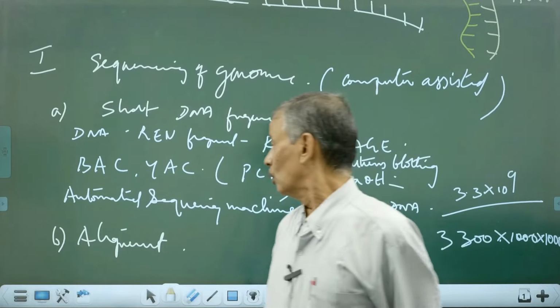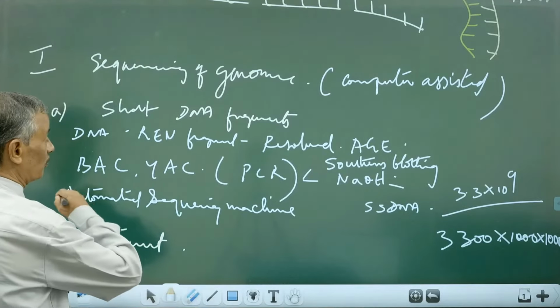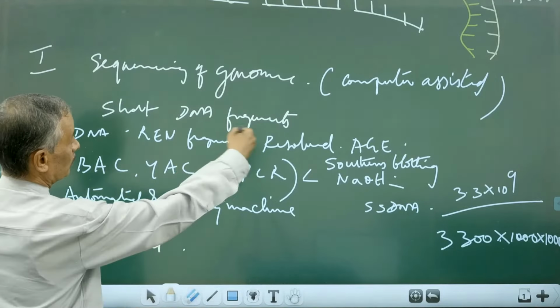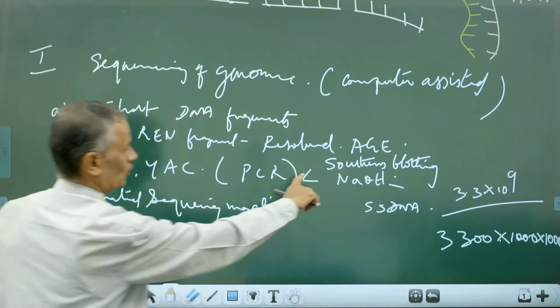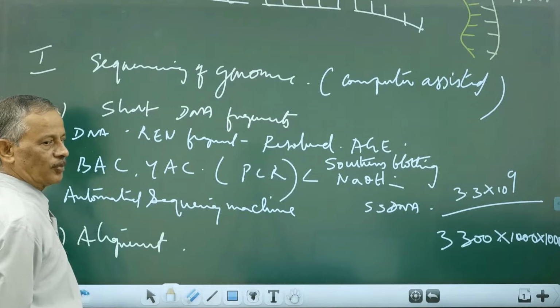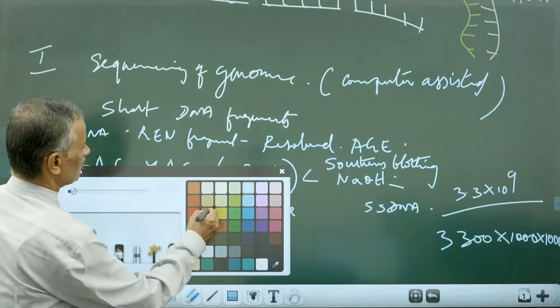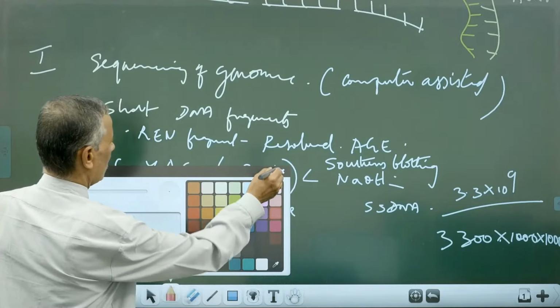Now what we got is the sequences of different pieces which are all separate based upon their sizes, not on their position. Then they are to be aligned properly. That is the second step. This alignment is based upon some overlapping sequences.